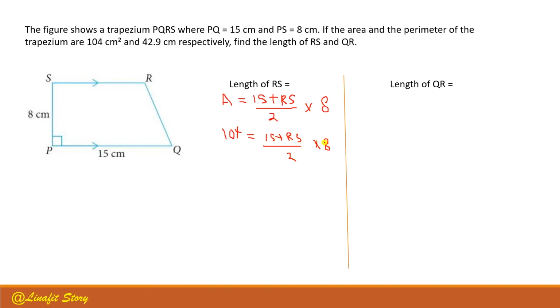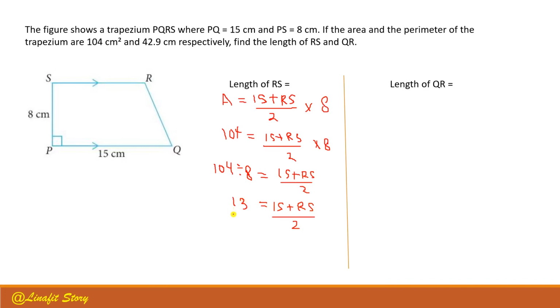We will move 8 to the left-hand side. So 104 divided by 8 is equal to 15 plus RS divided by 2. 13 is equal to 15 plus RS divided by 2.